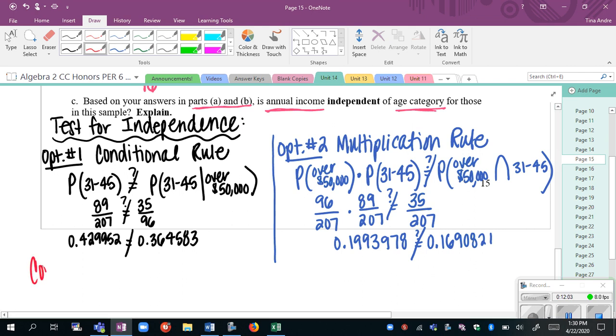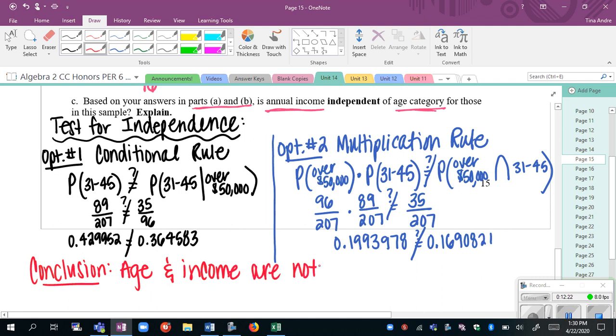So my last step here is my conclusion. The two categories we compared were age and income. So age and income are not independent events. Make sure you say not independent.